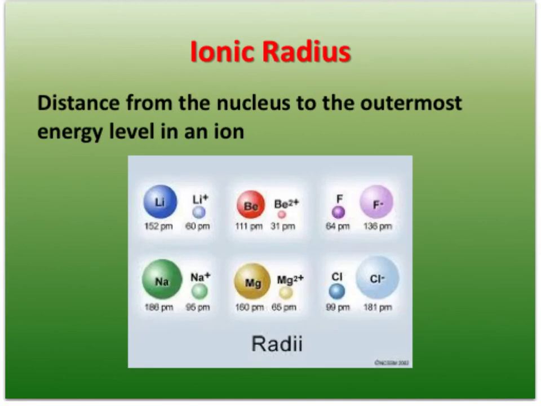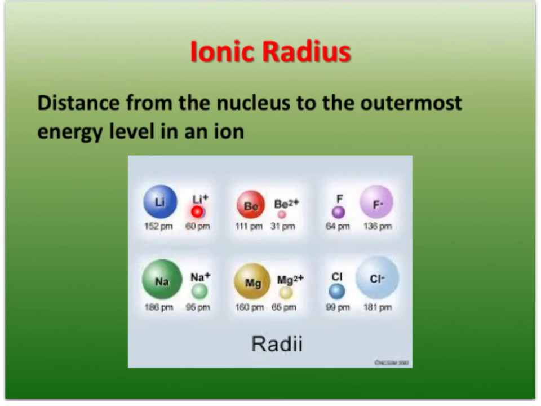And here we can see what ionic radius is now. Ionic radius is similar to atomic radius, except it's the distance from the nucleus to the outermost energy level in an ion. So that's after it's lost or gained electrons. And here we can see, look at lithium, 152 picometers. That's the lithium atom. The lithium ion is 60.